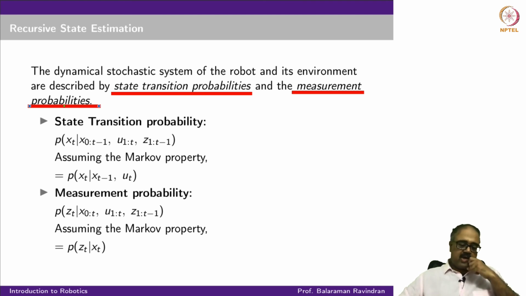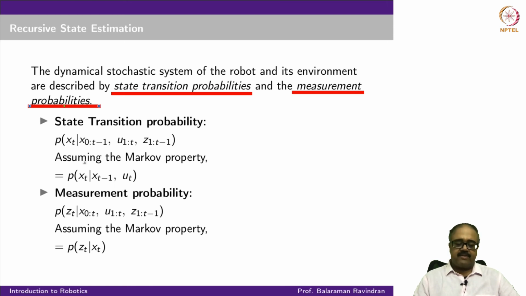Now, if you remember the Markov property, it says that the history is not important. Therefore, the state transition probability becomes much simpler. Instead of looking at the entire history of states, actions and observations, I'll only look at the last state I am at, xt minus 1.